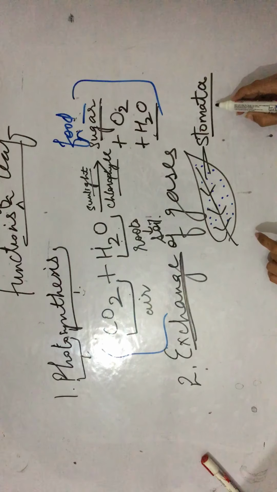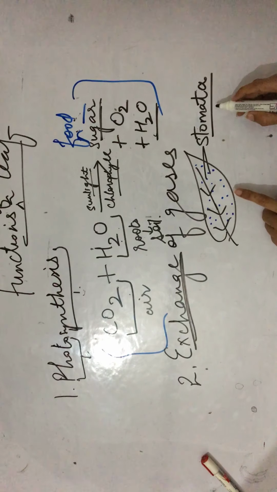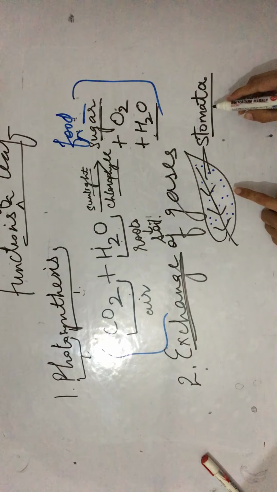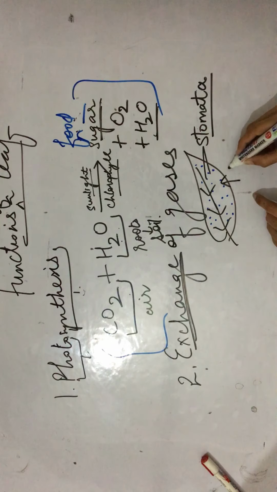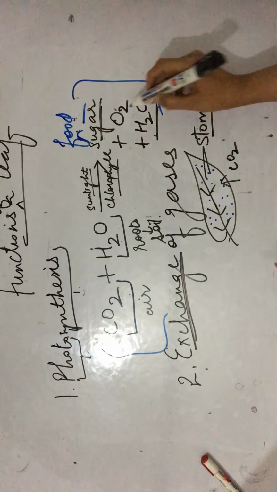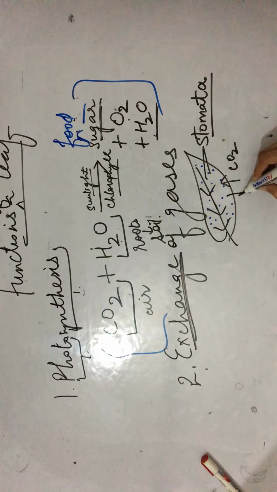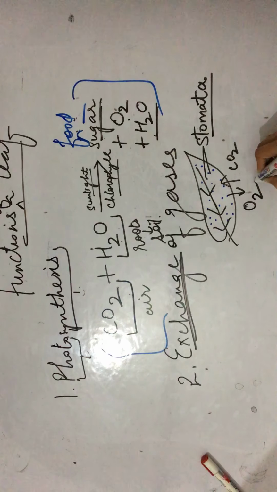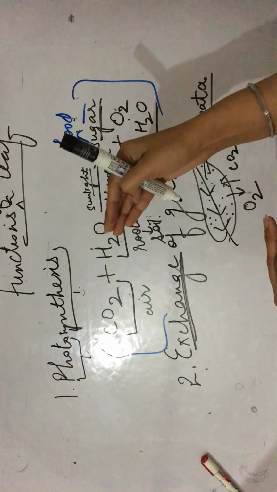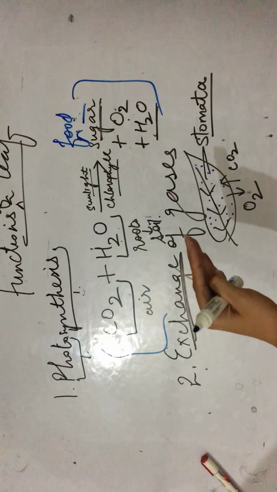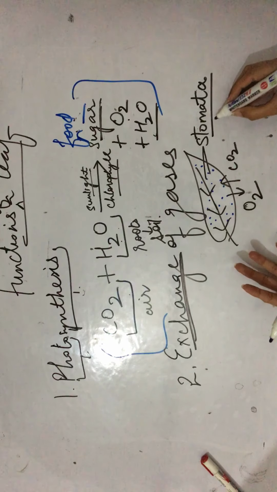So stomata are present on the leaves, and through these stomata carbon dioxide enters the plant, and the oxygen which is formed during photosynthesis is given out. Carbon dioxide is entering and oxygen is coming out. Through what? Through stomata.